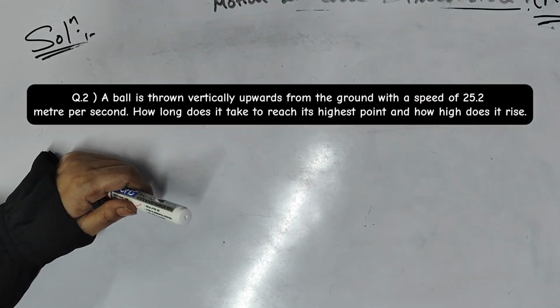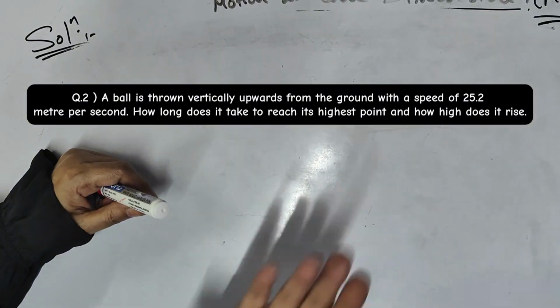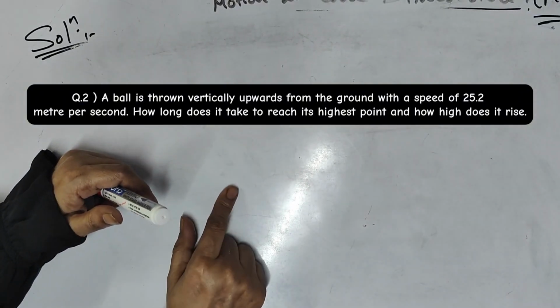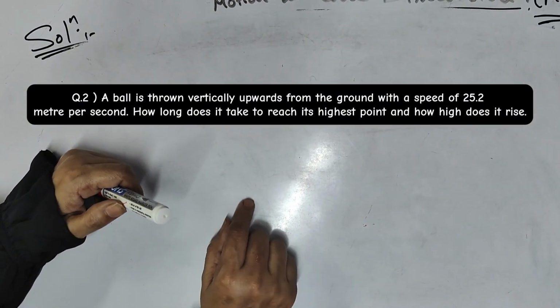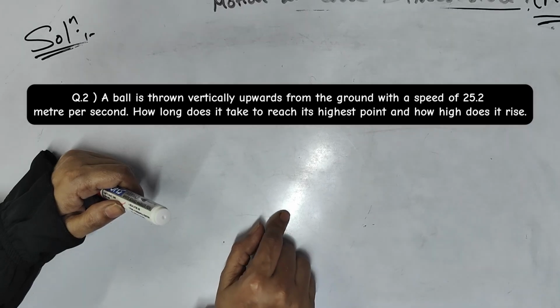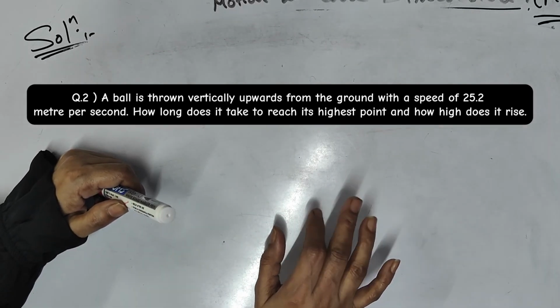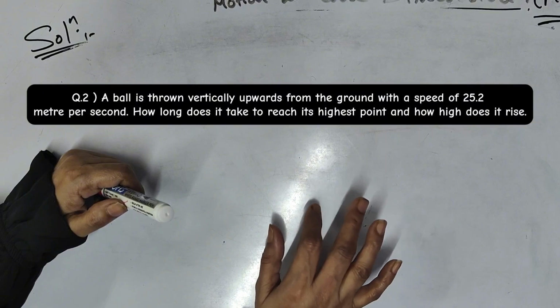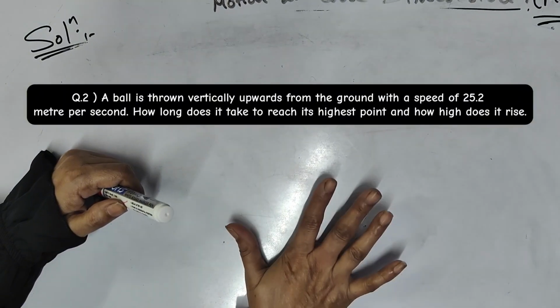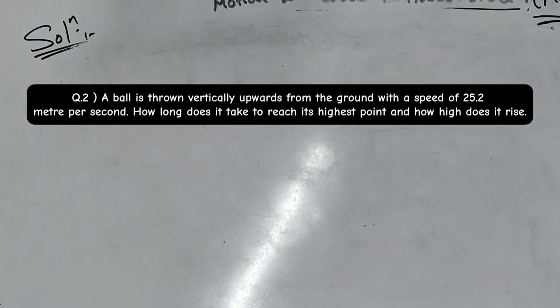Okay, so a ball is thrown vertically upward from the ground with a speed of 25.2 meter per second. How long does, means how much time will it take to reach its highest point, and how high does it rise?